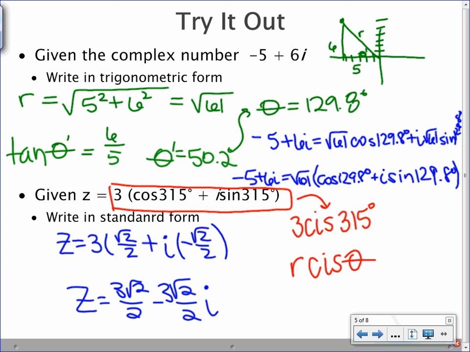You had a plus bi, a plus bi. Foiled, okay? You foiled, right? Yep. And then you had to simplify because you probably had a nice square in there somewhere, right? Okay.